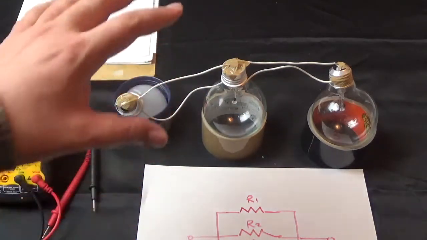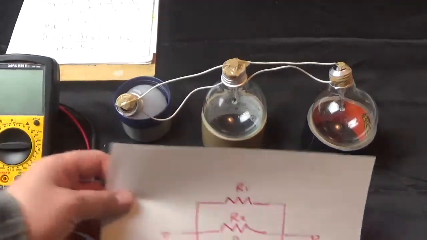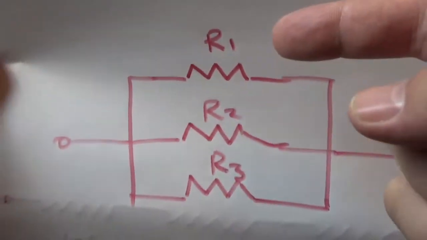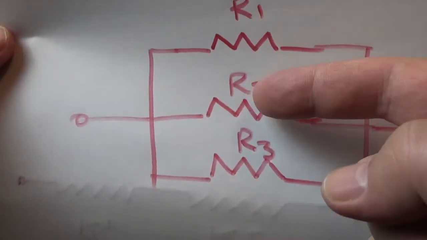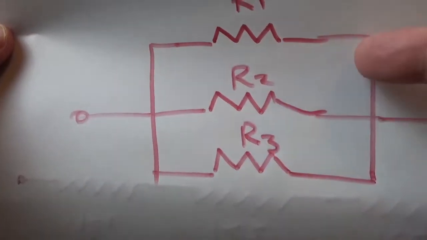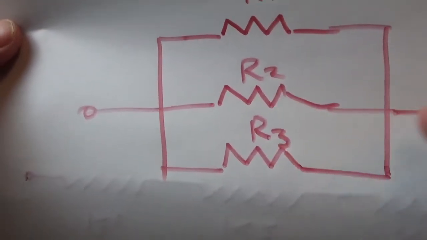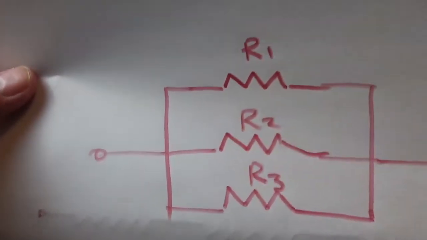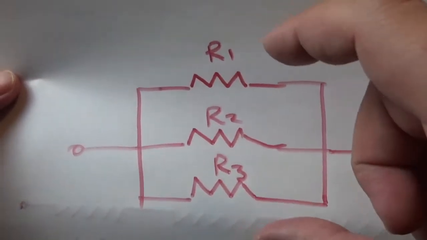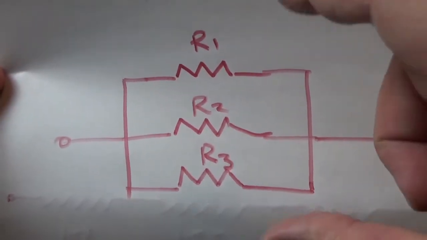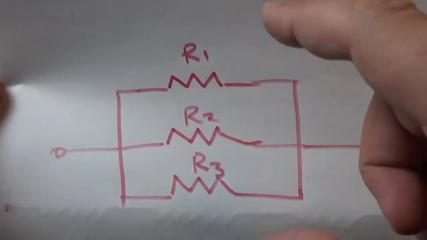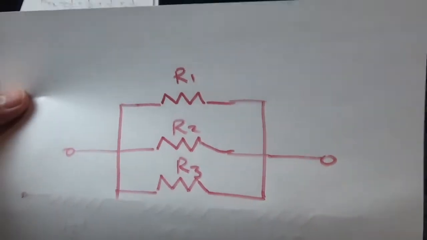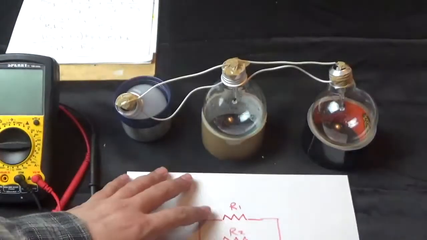So what do I mean by connected in parallel? We can see here that these resistors are connected in parallel. So we have R1, R2, R3 connected in parallel. Now we are going to measure the equivalent resistance for these three resistors.